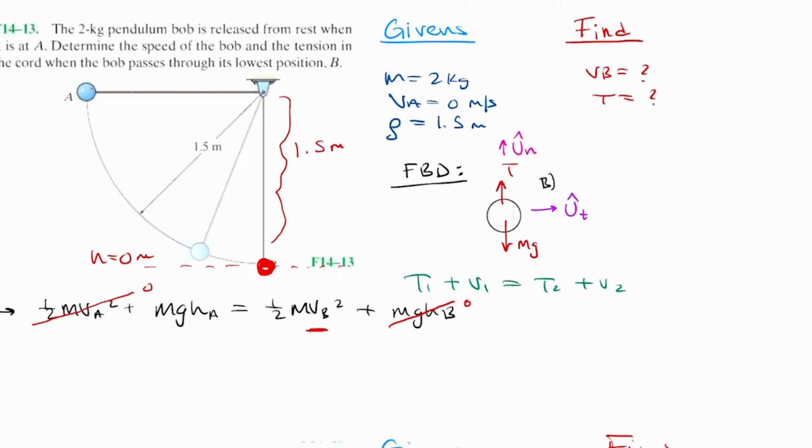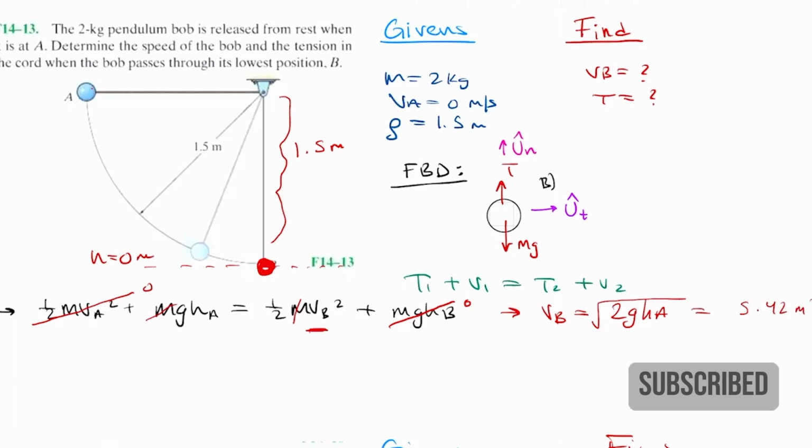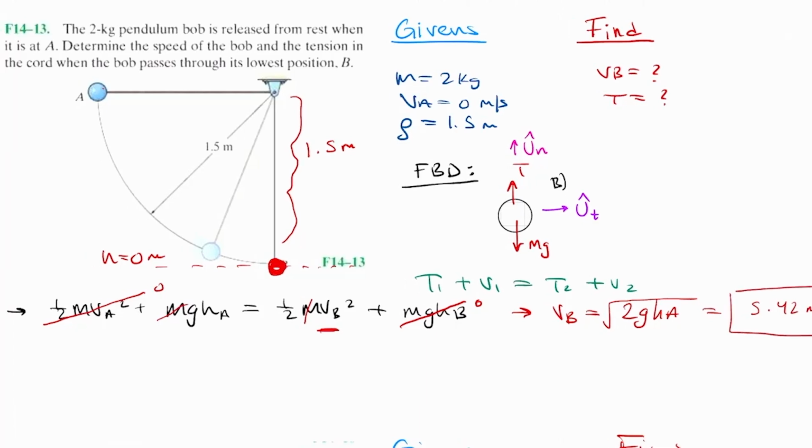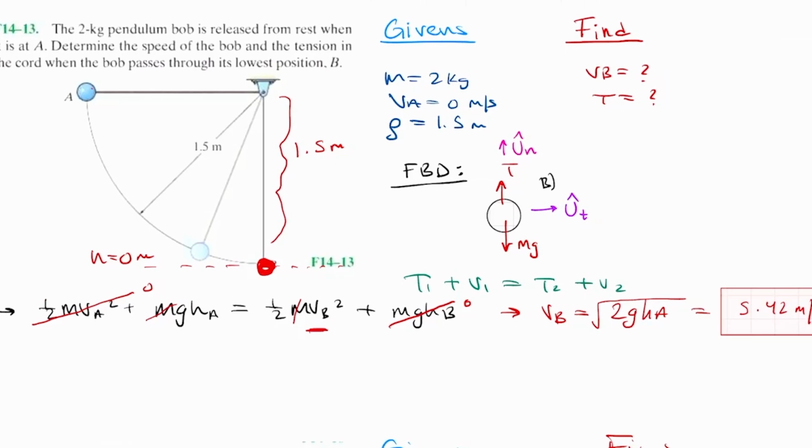Substituting in those values, the mass cancels out because they're the same. Rearranging, vB equals the square root of 2 times gravity times height at A. It's just a function of the height: the higher it goes, the faster it will fall. Plugging in these values, v2 is 5.42 meters per second. That will be the velocity at B. Pretty straightforward.